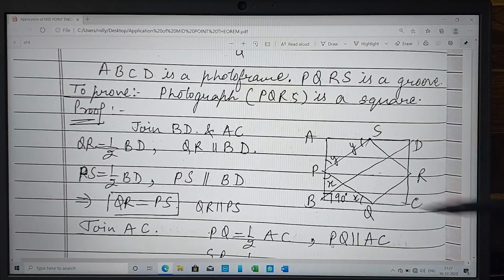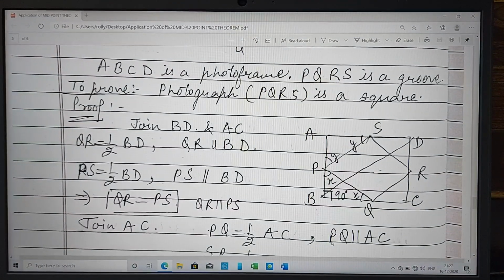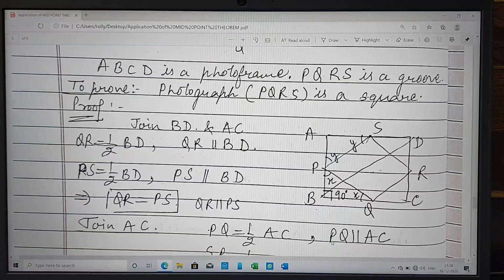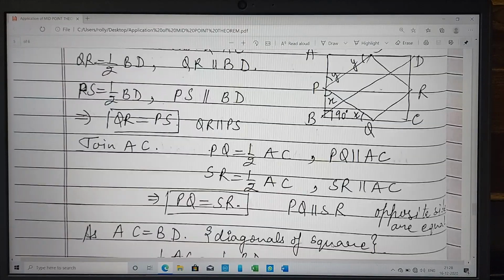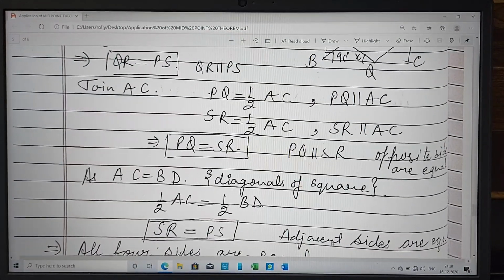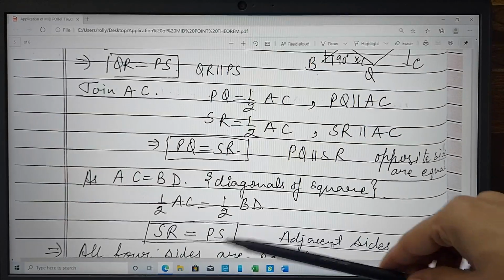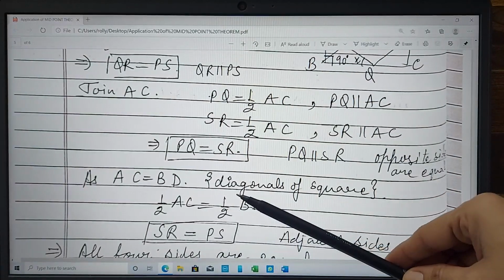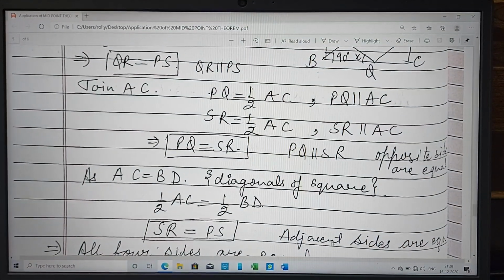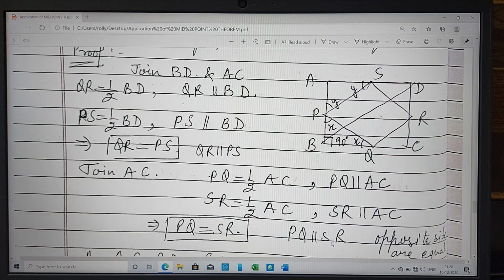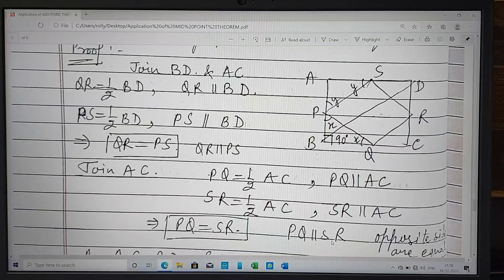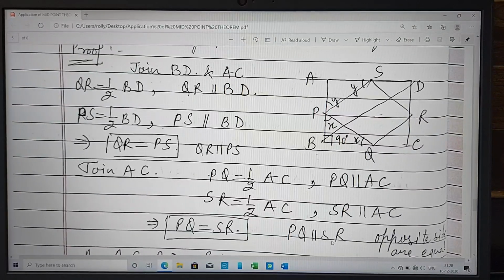If AC and BD are equal, then half of AC and half of BD will also be equal. That means PQ and QR will also be equal. Half AC is SR, half BD is PS. So adjacent sides of quadrilateral PQRS are also equal. So we have shown that all four sides of PQRS are equal.